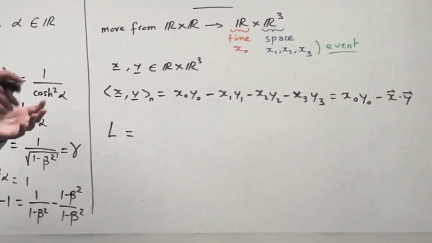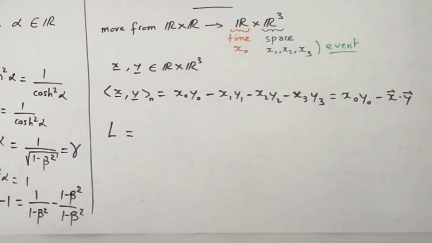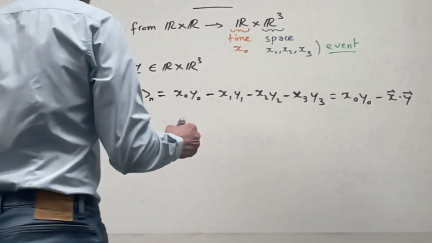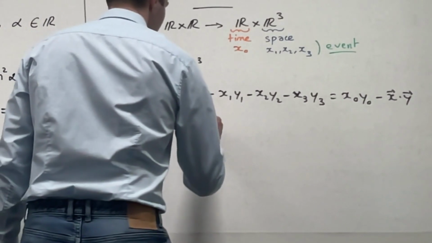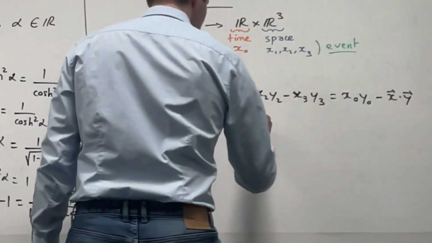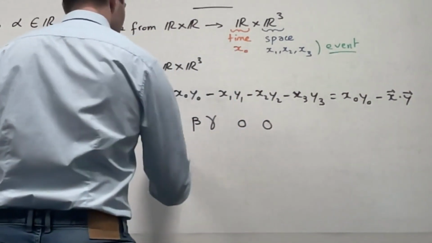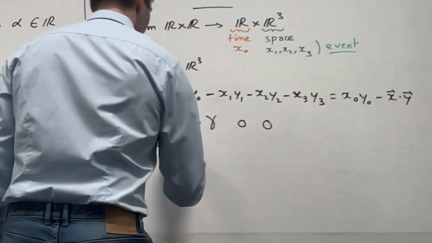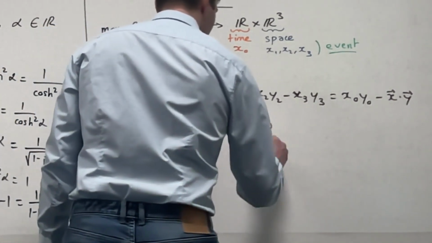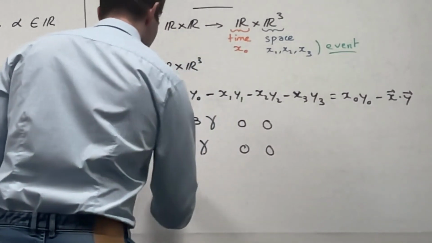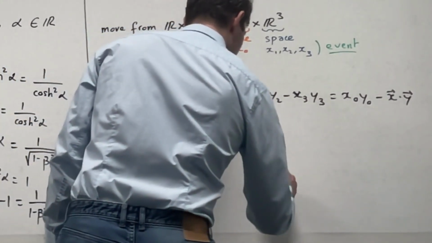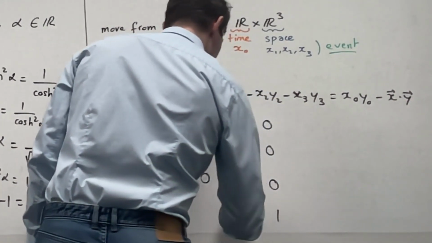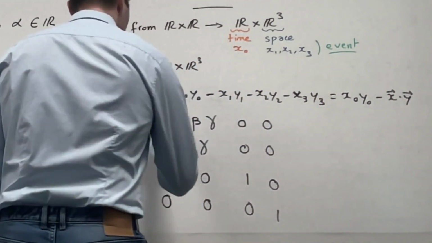And then the x2 and x3, for example, are untouched. And so usually in that case, the transformation looks like this: gamma, then beta gamma, and then you put here 0, 0, and then you put beta gamma, gamma, 0, 0, and then you put here 0, 0, 1, and then 0, and then 1, 0, 0, 0.